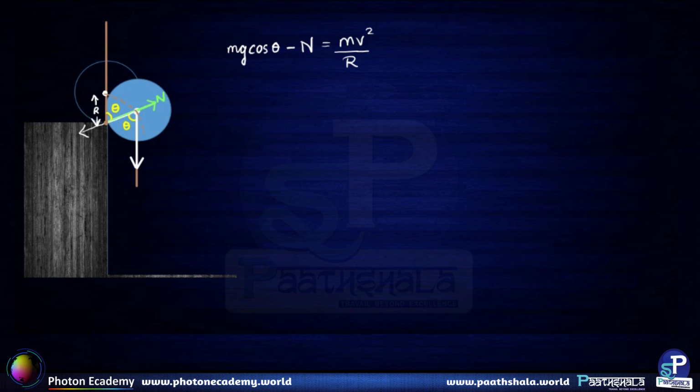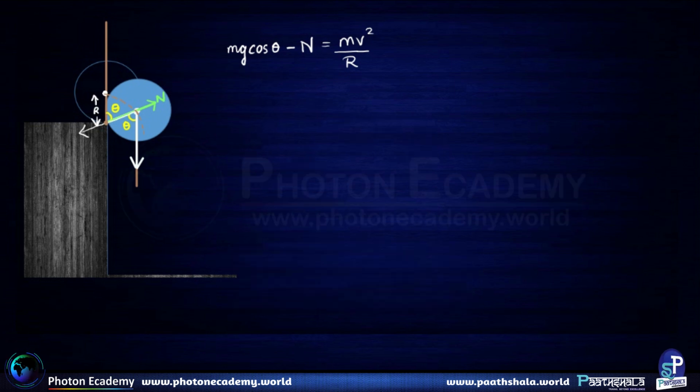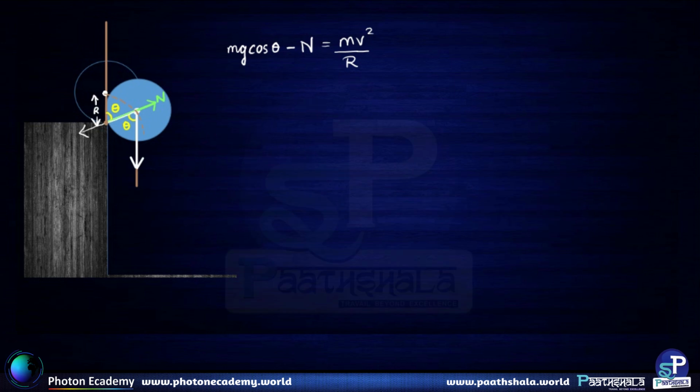Alright. The second analysis that can be done on this particular object is the analysis of how much energy it has lost while falling. So for that, we need to understand how much height has decreased as the object is falling.